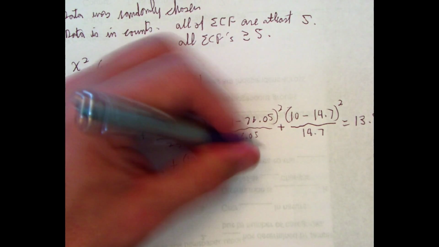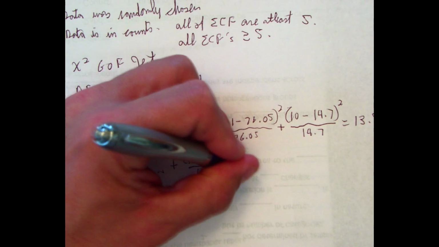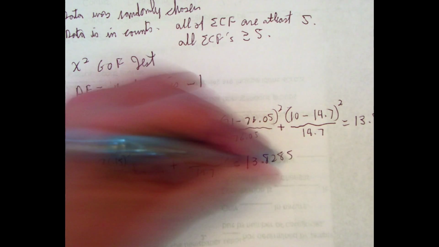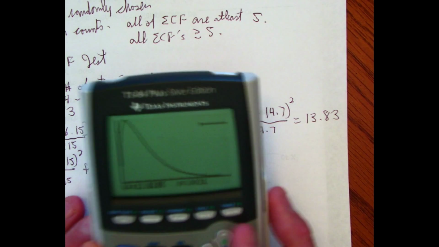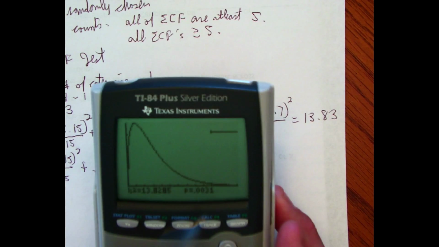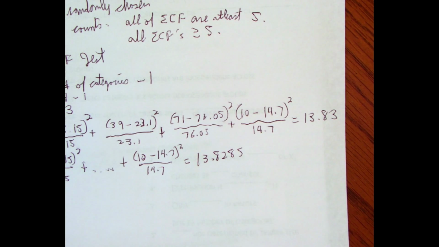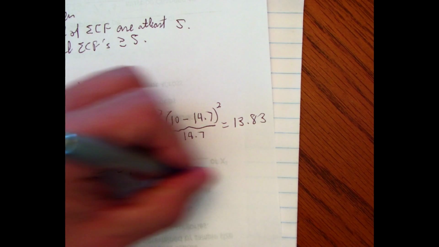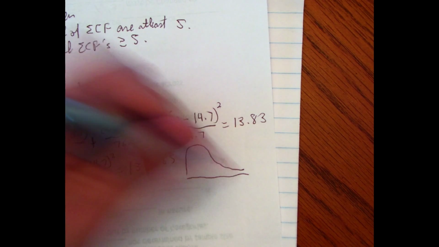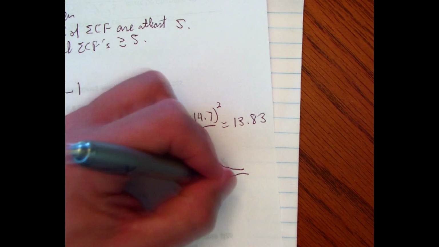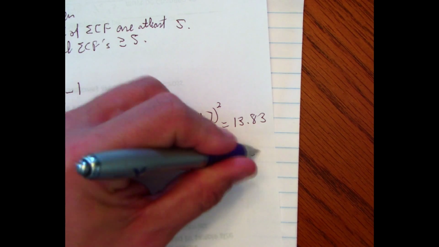And then I would say, okay, well that equals 13.8285. And then I would copy this down. Now you notice it's not showing a shaded region because it's way over here. So our chi-squared test looks like this, and it has a p-value of 0.0031.